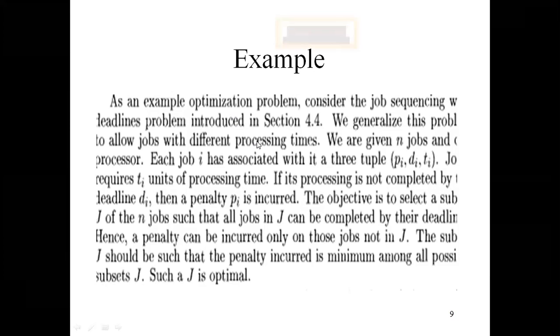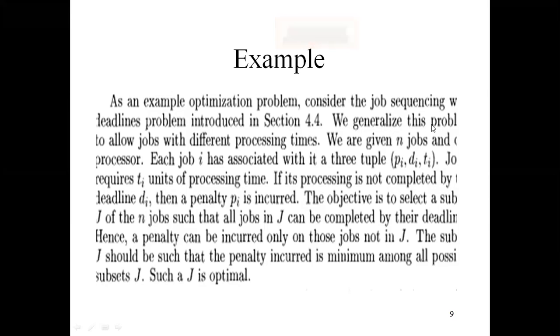So that is why, in the job sequencing, the given value is the penalty value. So we consider the penalty of the job which is not completed within the deadline. Based on the penalty, we are calculating the cost and upper values at each node of the state space tree.